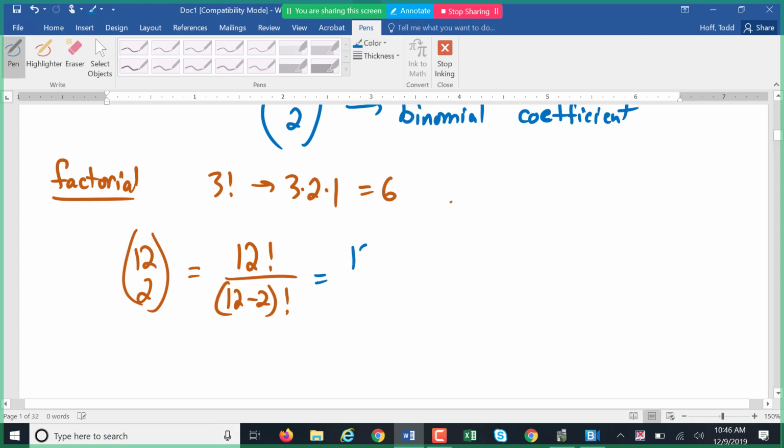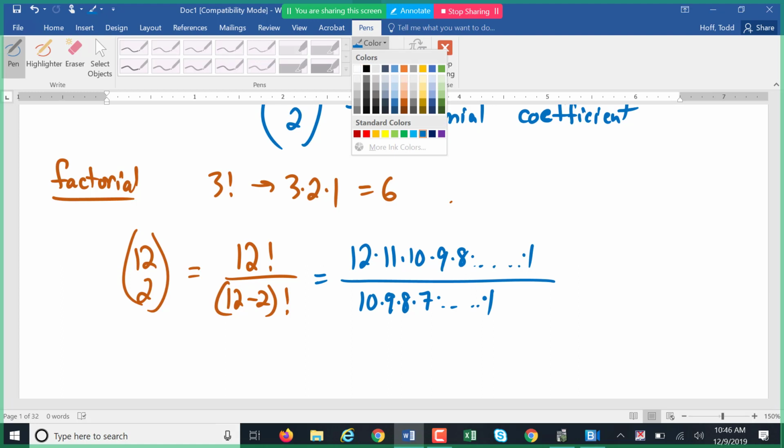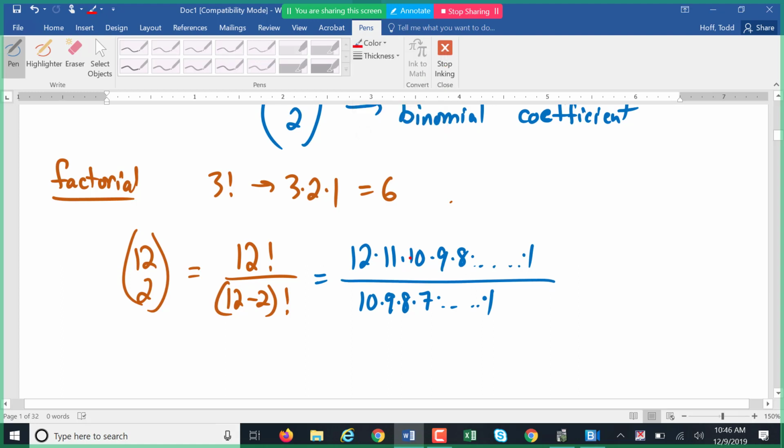So this is 12 times 11 times 10 times 9 times 8 times all the way down to 1. Well, 12 minus 2 is 10, so this is 10 times 9 times 8 times 7 times all the way down to 1. And what you'll notice here is things cancel out. From 10 on down, it cancels out. This is just 12 times 11, which is 132.